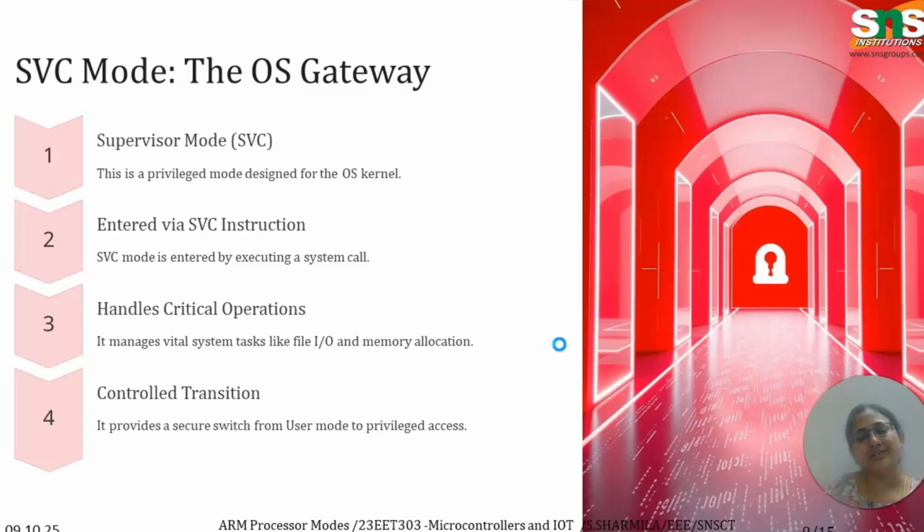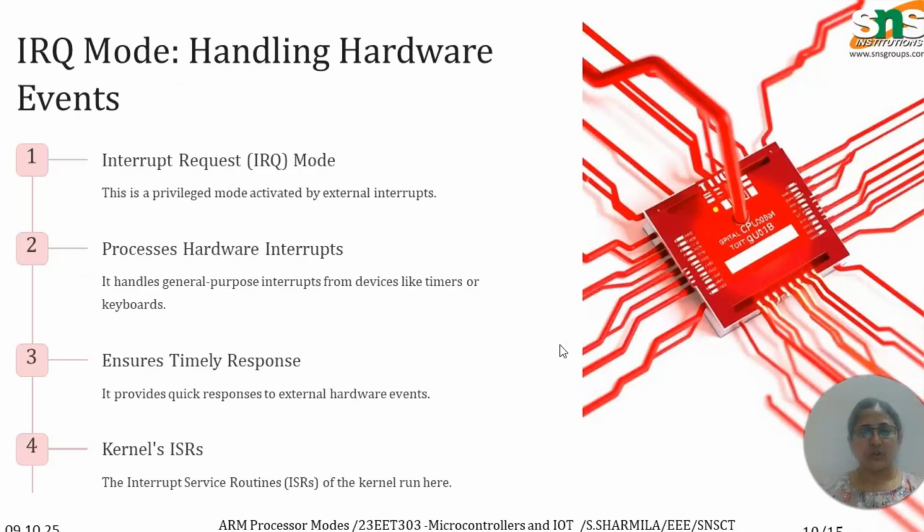And the next one is the IRQ mode. It gives the ideate or define stage of DT. So the IRQ mode handles hardware events, like interrupt requests from hardware and the kernel's ISR. For responding to external events, we have the IRQ mode.